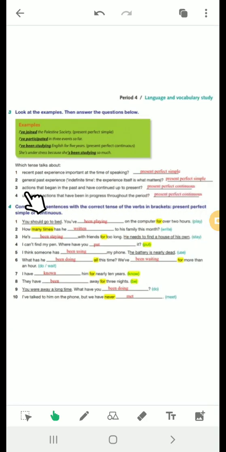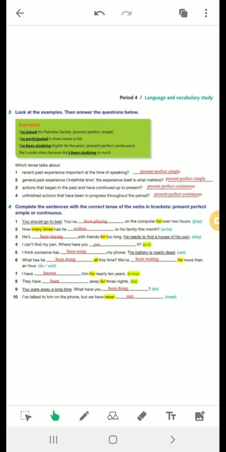Number 3, actions that began in the past and have continued up to the present. Began in the past and continued, so present perfect continuous. Unfinished actions that have been in progress. Unfinished means continuous, progressive, through the period. Present perfect continuous.